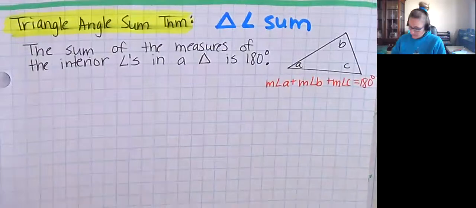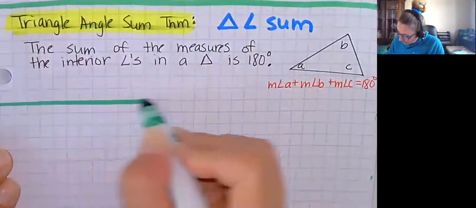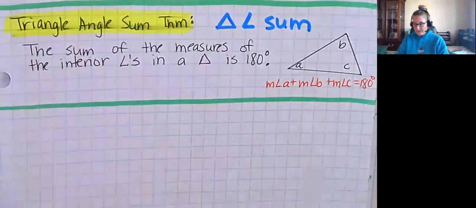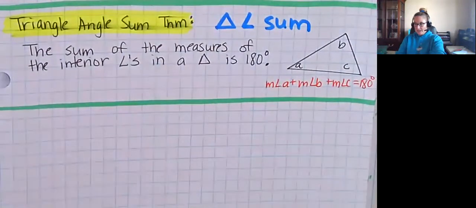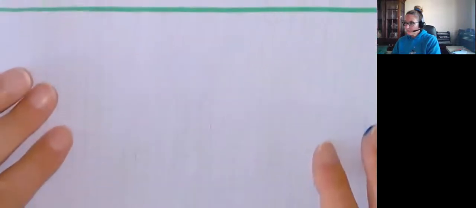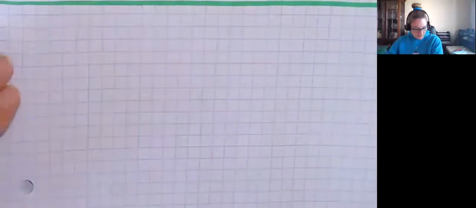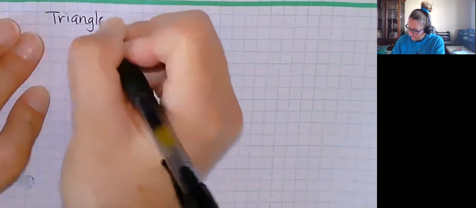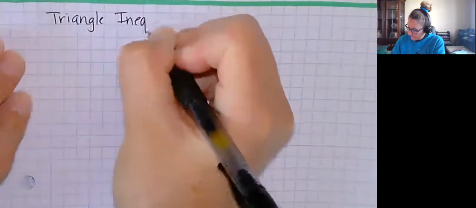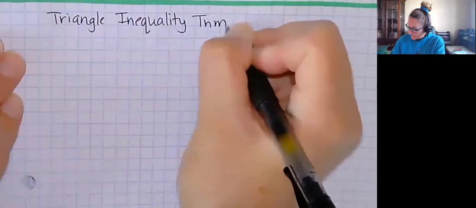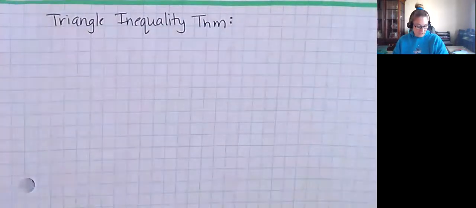Next one is the triangle inequality theorem. And I'm going to write it in two ways. I'm going to write the theorem, and then I'm going to write it for when we're trying to find an interval given two sides. So, triangle inequality theorem. Okay.